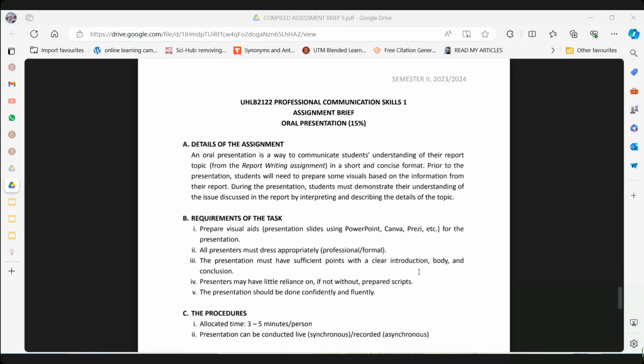The content of your presentation should have an introduction, a body, and a conclusion, of course. And like I said, the visual aid is supposed to be there.